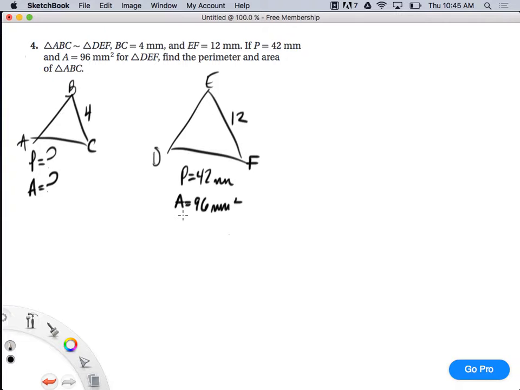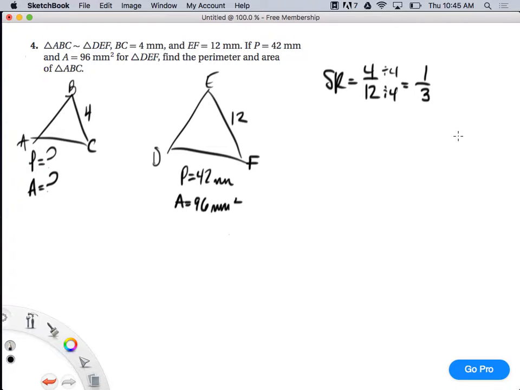Okay, so how do I do it? Well, I have to find my similarity ratio. I do the one I'm trying to find over the one I know, right? So it'll be 4 over 12 to get my similarity ratio. Simplifying factor there is 4, so it's 1 over 3.